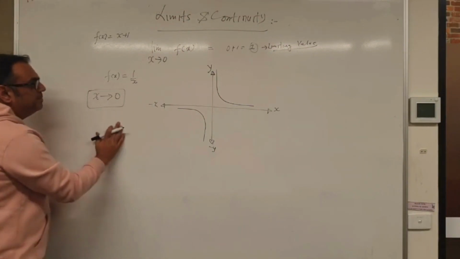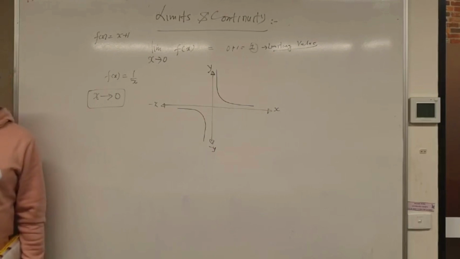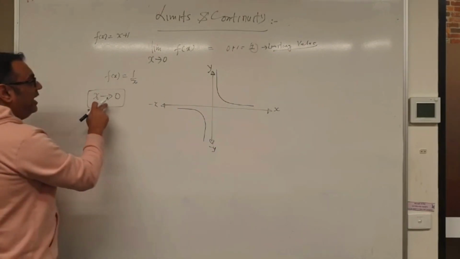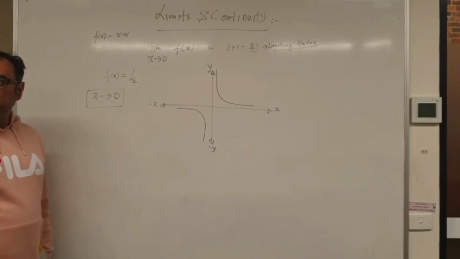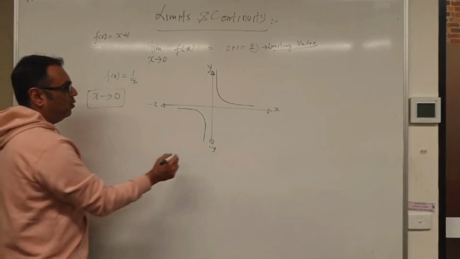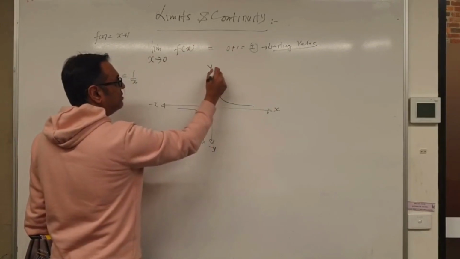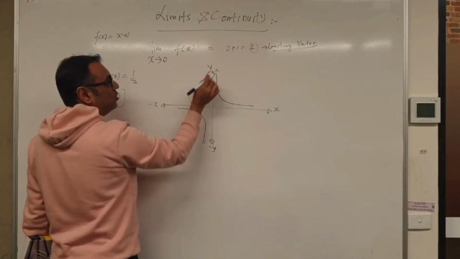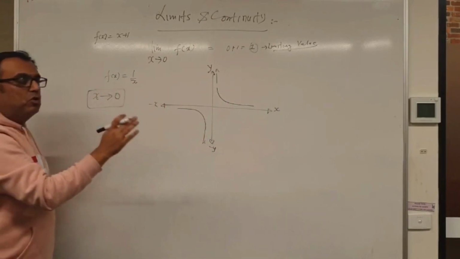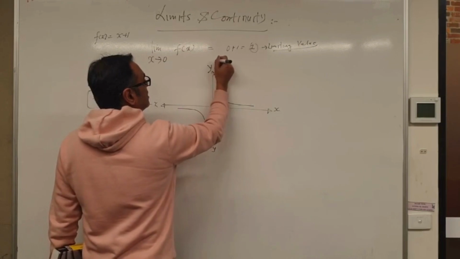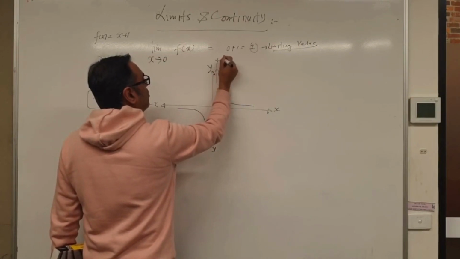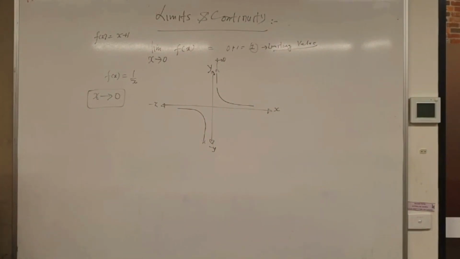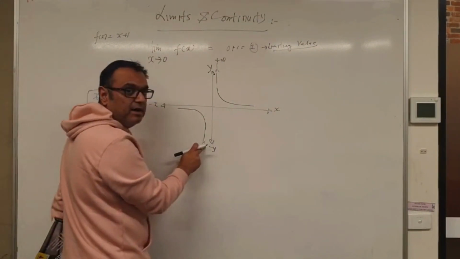Now, you see, the challenge in this particular question is that x is approaching 0 from two sides. One is here and the other one's here, right? So this goes on, somewhere the gap will start to close, and obviously it will start to approach 0. So this is going towards the positive infinity of y, correct? And what is happening here?